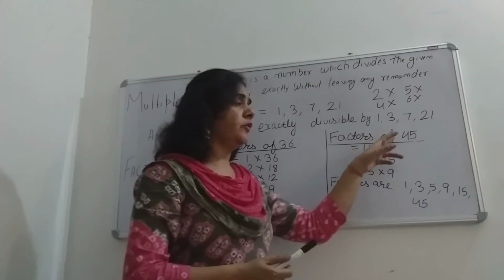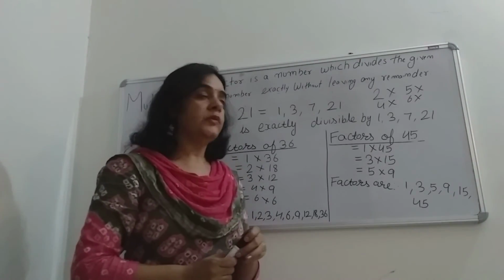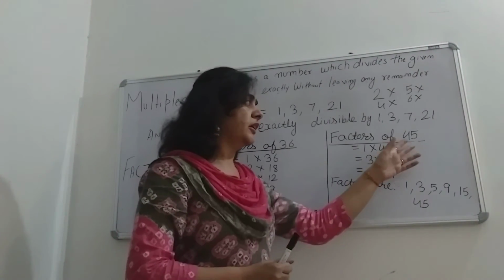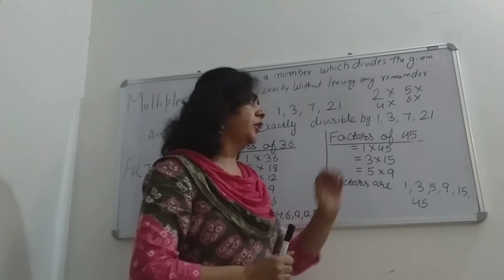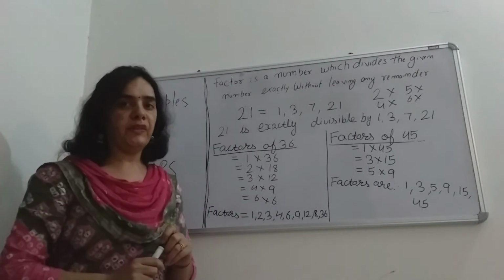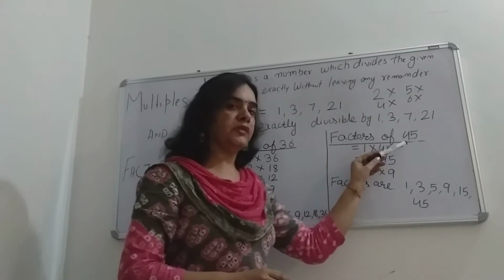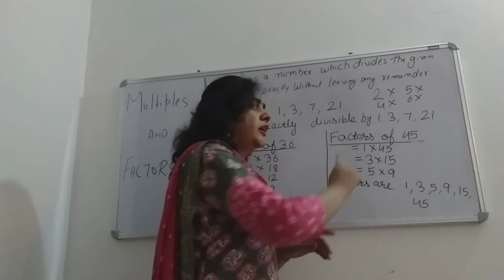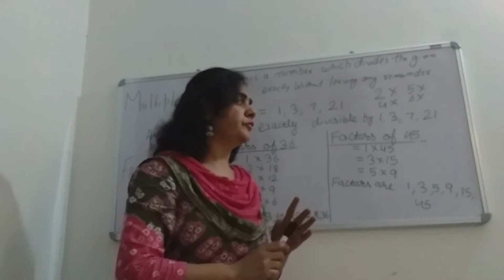If you divide 45 by 6, the remainder is not 0, so 6 is not a factor of 45. Now try 7. If you divide 45 by 7, the remainder will not be 0, so 7 is not a factor of 45.